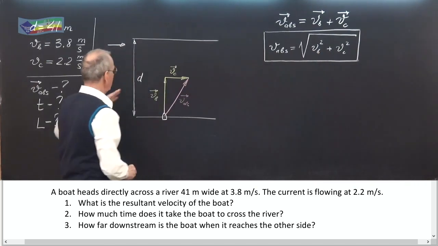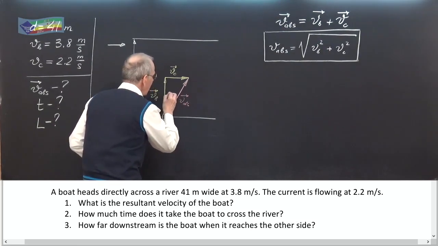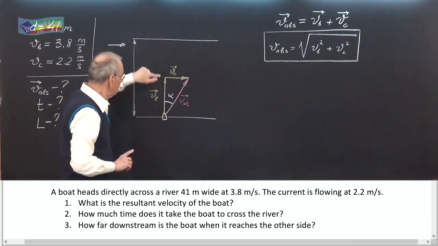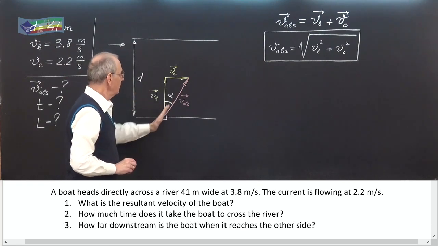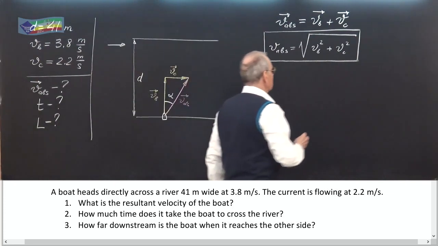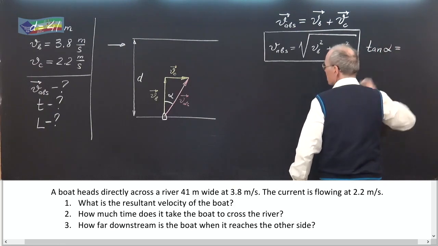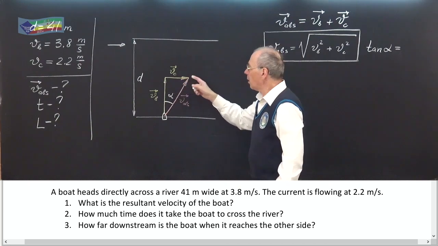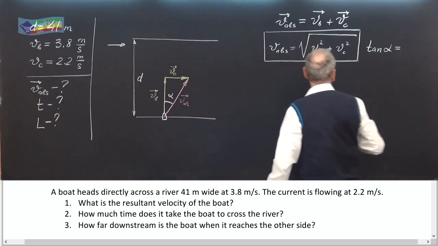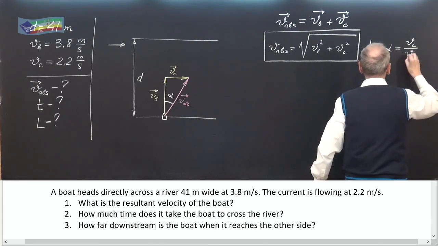The direction of this vector can be defined by an angle alpha between the direction of the boat relative to the water and the absolute velocity. From this right triangle, we can write tangent alpha equals opposite leg divided by adjacent leg, V current over V boat.